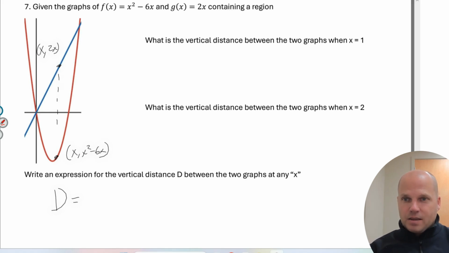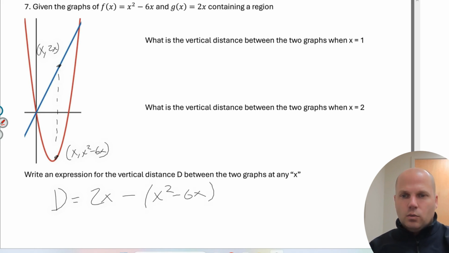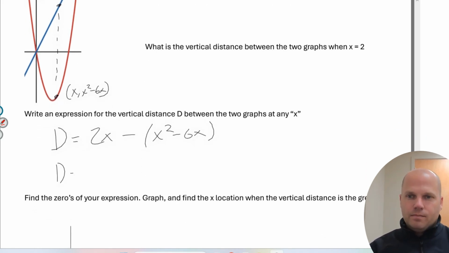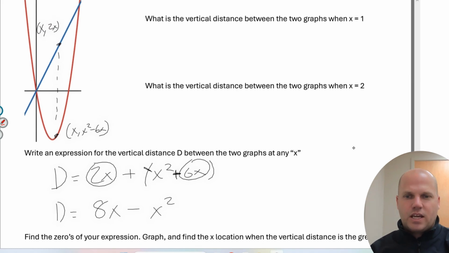The top minus the bottom is a little bit different. It's 2x minus x squared minus 6x, which I'm going to simplify by subtracting the opposite, adding the opposite. I'll take the 2x and the 6x, and I get 8x minus x squared. Or I could have negative x squared plus 8x.